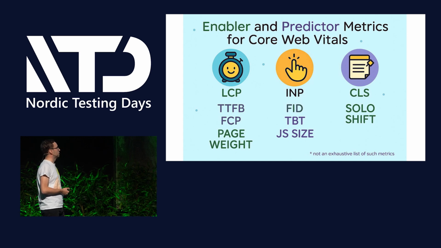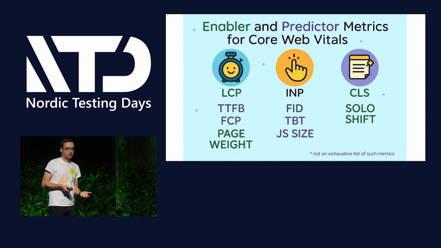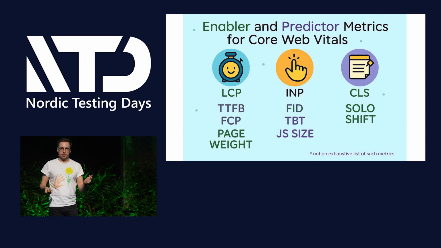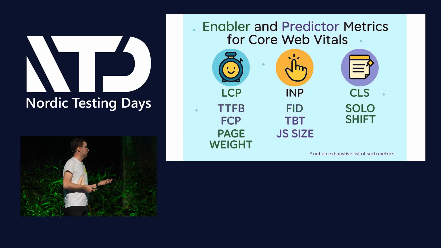And in terms of CLS, for example, if a single shift is already bad, then you know where to focus. The predictor metrics are like, if you have big JavaScript sizes, that's already an indicator that when the bundles are downloaded, the browser will take some time to process them.